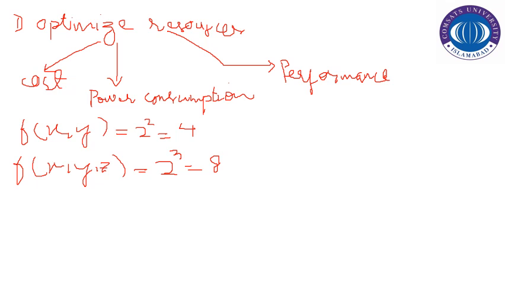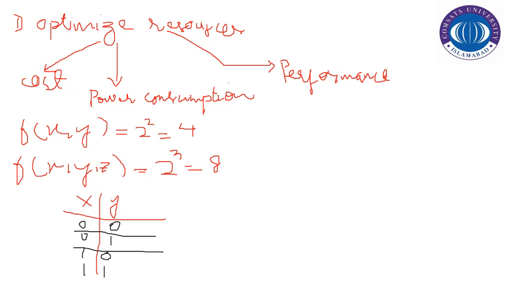So to start with, let us assume that we've got x and y, the two inputs, and the combinations of the inputs are 00, 01, 10, and 11. And let us assume that the response of the system is represented as, for example, z.